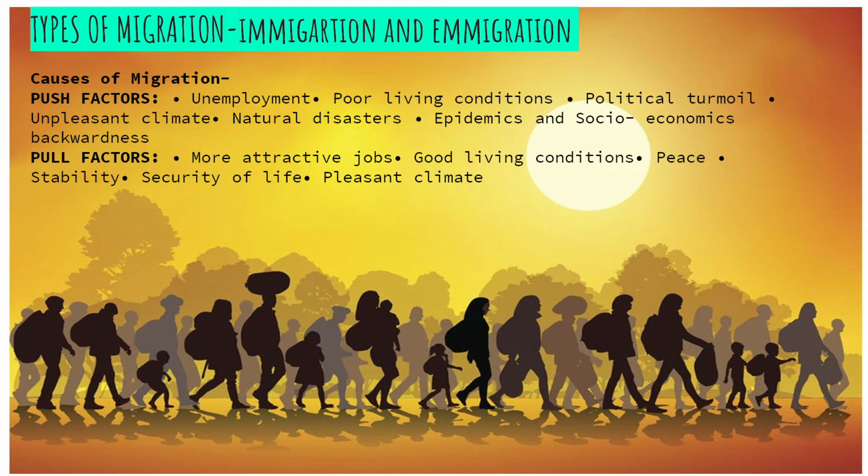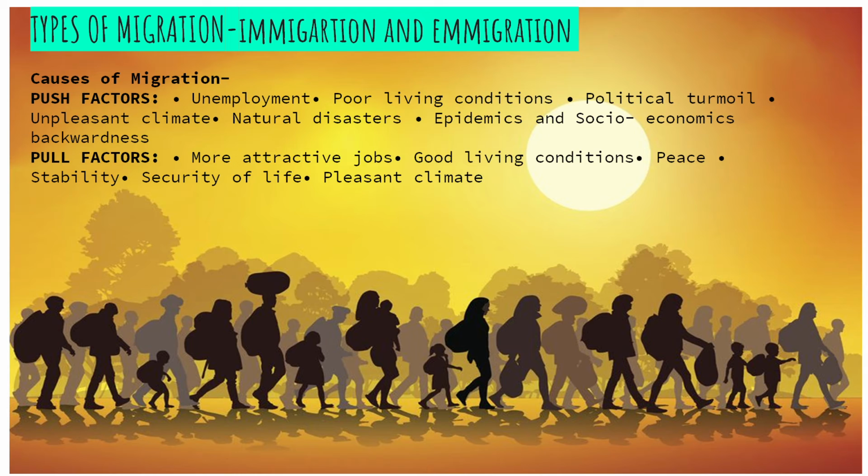Now, types of migration. There are two types of migration: immigration and emigration. The letter I can indicate incoming population, and the letter E is exiting population. Immigration is when people come towards a country.